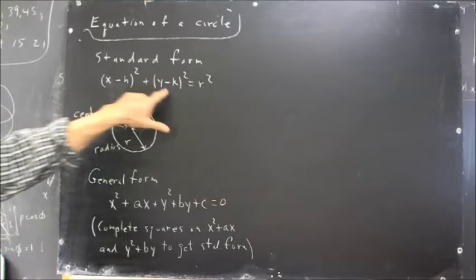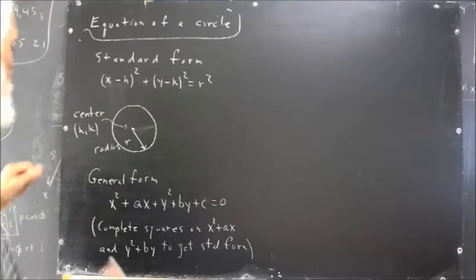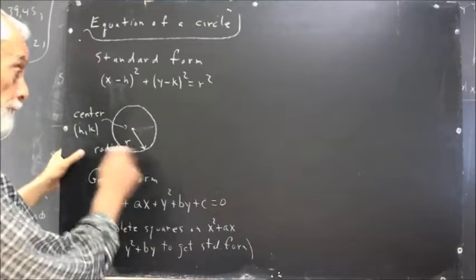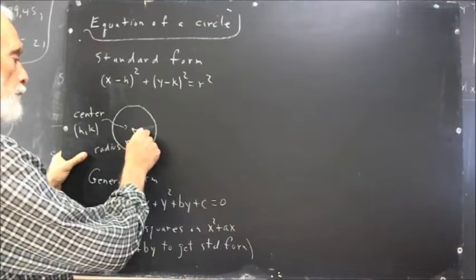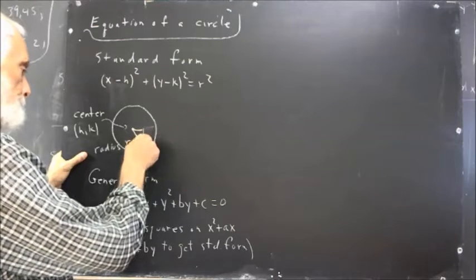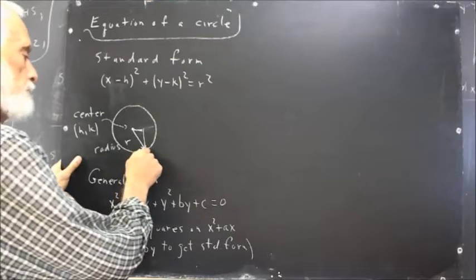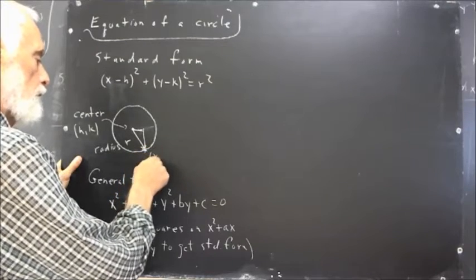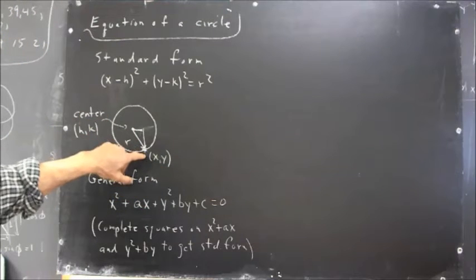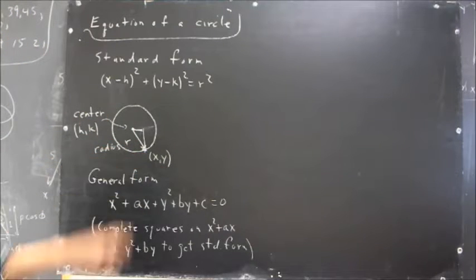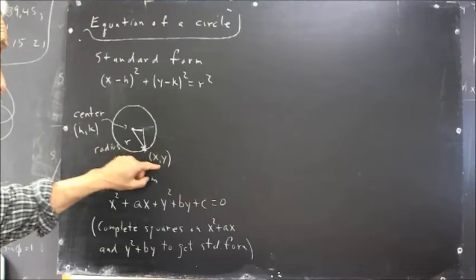Now, why is this the equation of a circle at center (h, k) and radius r? Well, because if we form the right triangle with horizontal and vertical sides, the point (x, y) here is going to lie on the circle if and only if the distance from here to (x, y) is equal to r.